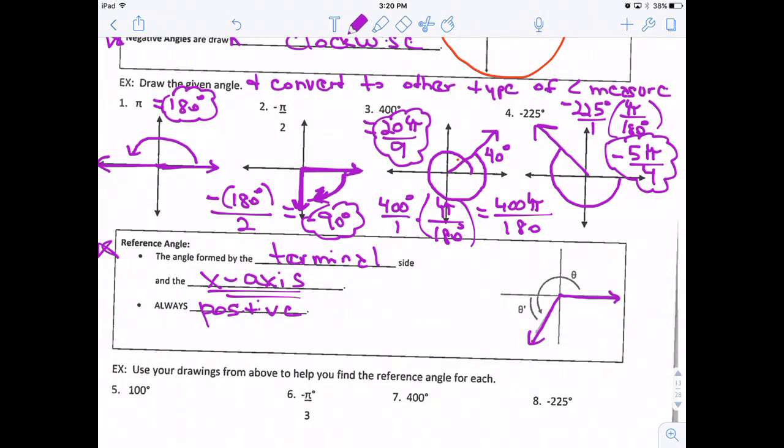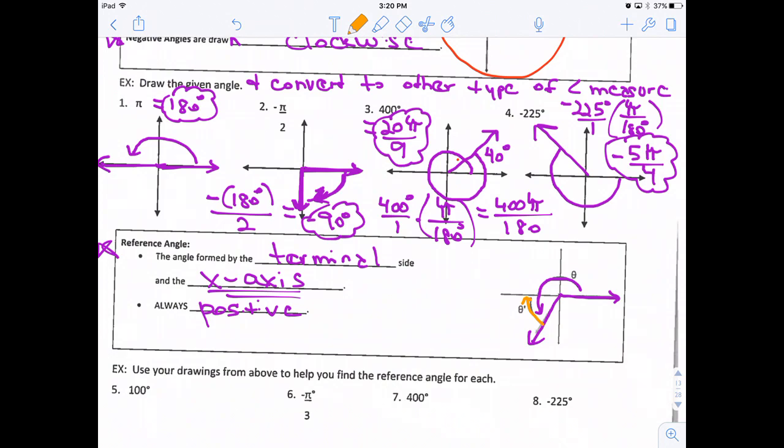The angle that we initially drew was this angle right here. If we want a reference angle, we're always looking at the closest x-axis, which is right here. I'm going to change my colors so you can see what I'm talking about. This right here. We want to know what that angle is because that will be your reference angle.